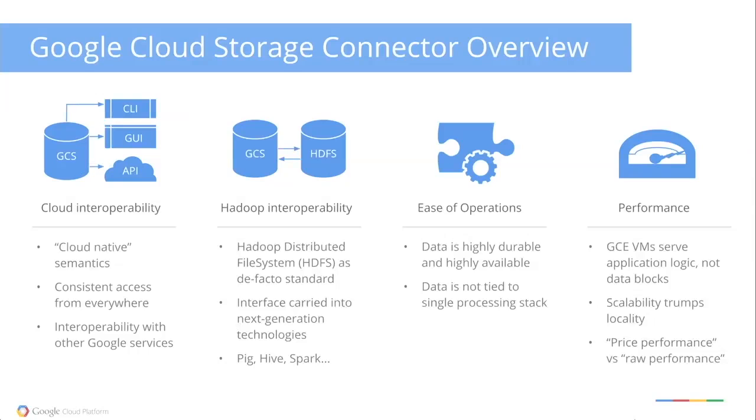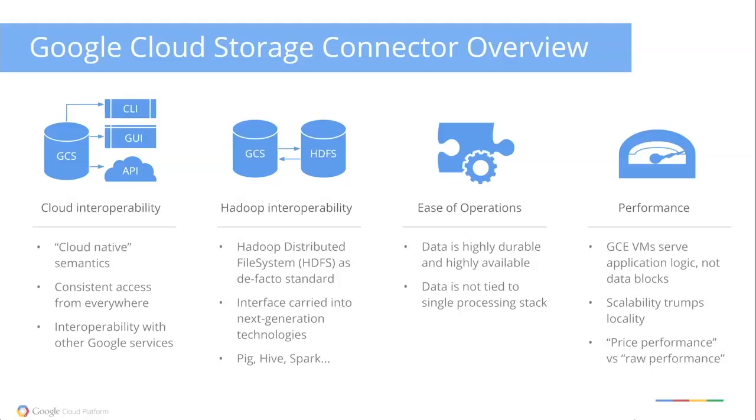The second axis is Hadoop interoperability, as we talked about, where we can unlock a really broad range of open source tools just by virtue of implementing this standard Hadoop file system interface. And that includes making GCS work with Pig, Hive, Spark, Shark, and numerous other open source technologies.